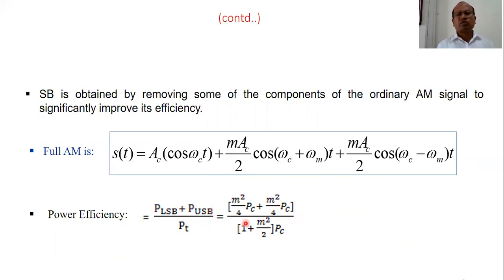This term calculates how much power is needed and how much power can be saved. Pc is saved here, we do not need to send the carrier. But when we calculate for SSB, the saving of one more sideband power will also be there. So there is more power saving. This is why it is referred to as improvement in power efficiency, because lesser power is needed when we are suppressing one sideband.